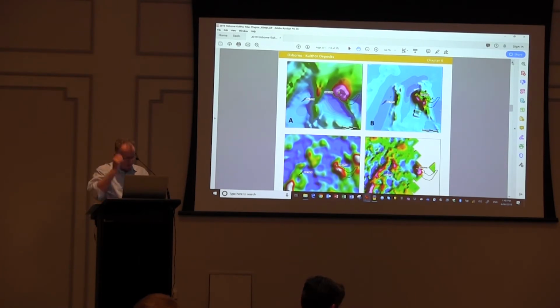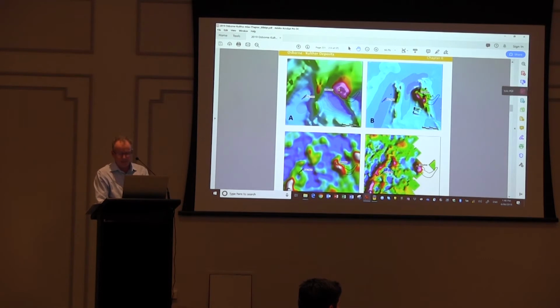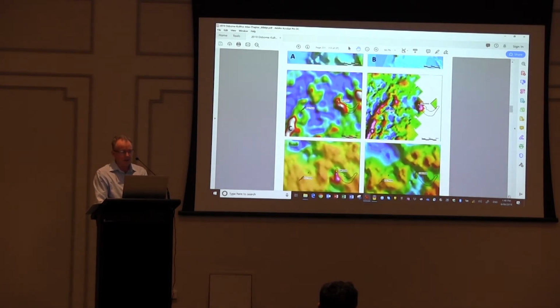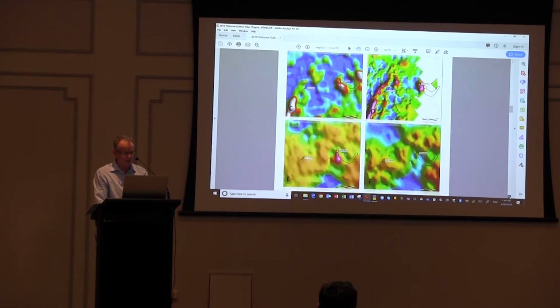This is the Falcon data, so there's a subtle airborne gravity signature, and then I think D is the ground gravity as well. So it's rather prominent in both the magnetic and the gravity data.